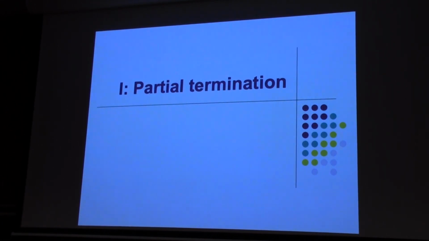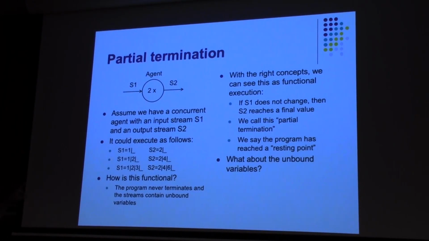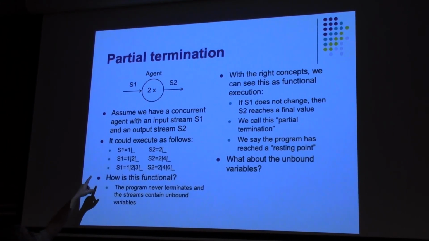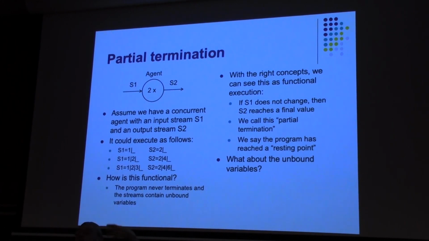Okay, so let me start with partial termination. That's the easiest thing to explain. So let's say on the top left we have a concurrent agent, like we saw, times 2. It has an input stream and an output stream. And maybe it's multiplying by 2. So if the input stream is 1 followed by an unbound tail, the output will be 2 followed by an unbound tail.